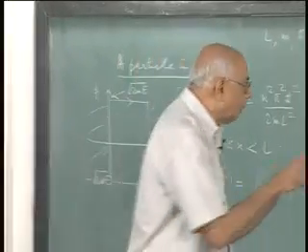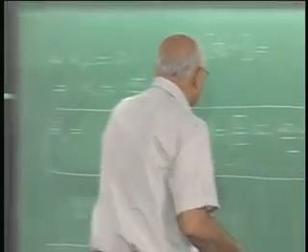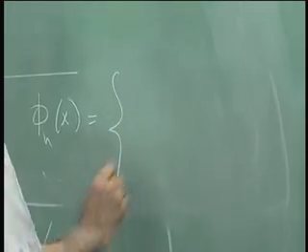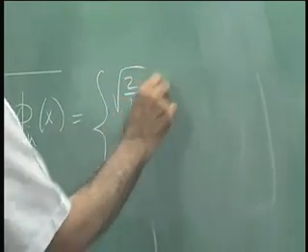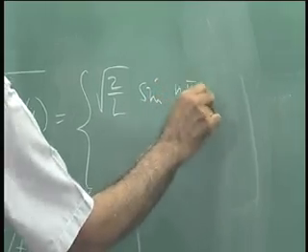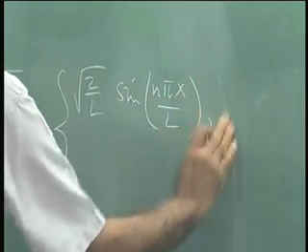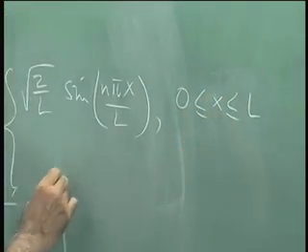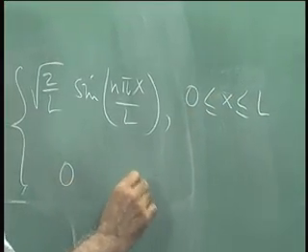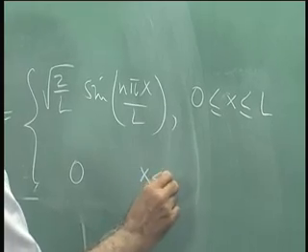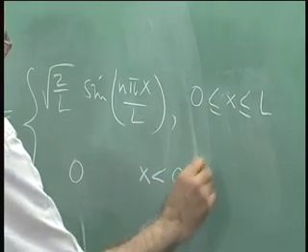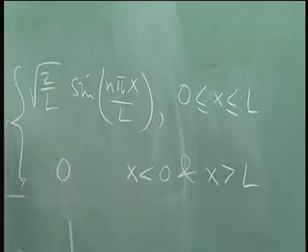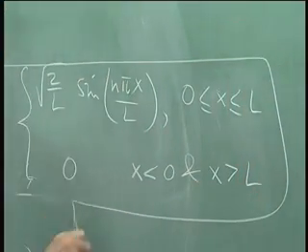It is 0, so we better be careful, we better write this properly, as phi n of x equal to root 2 over L sine n pi x over L, for 0 less than or equal to x less than or equal to L, and 0 for x less than 0 and x greater than L. So let us be careful, that is the exact solution.